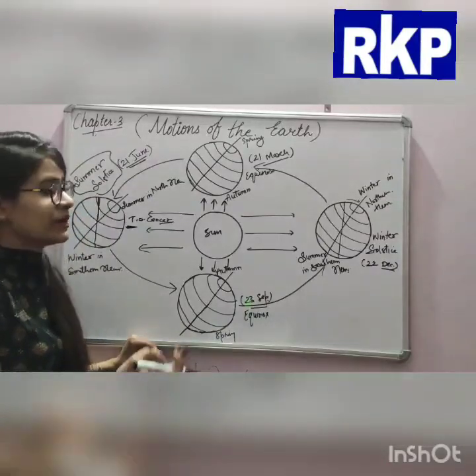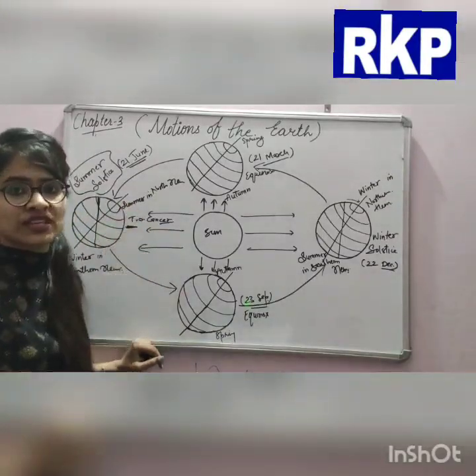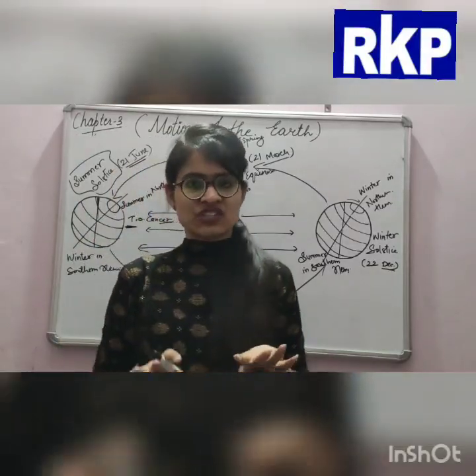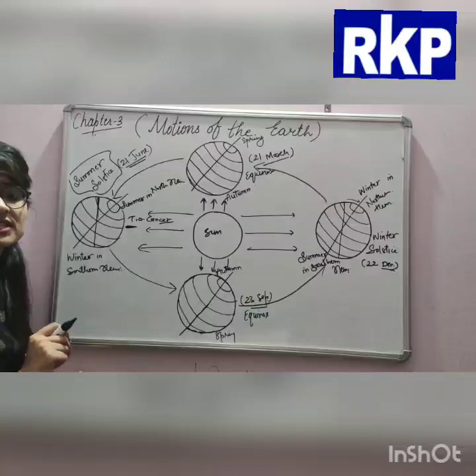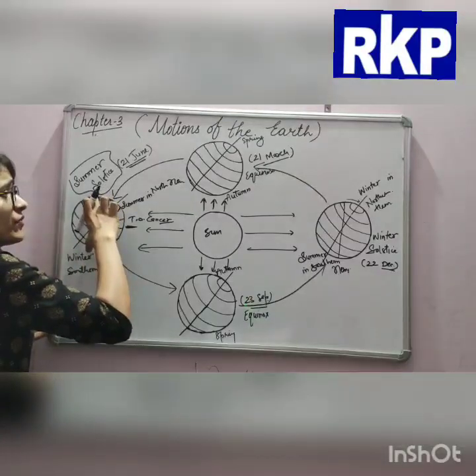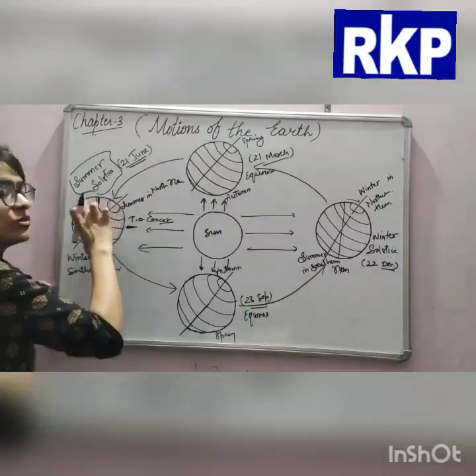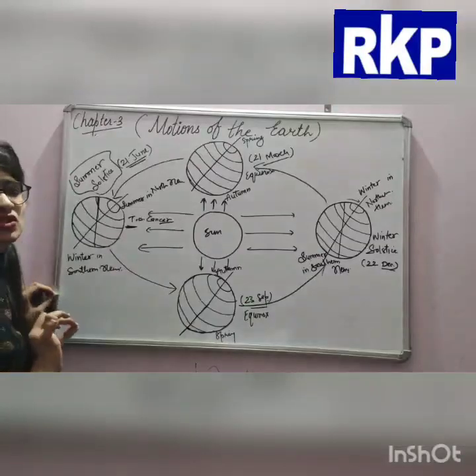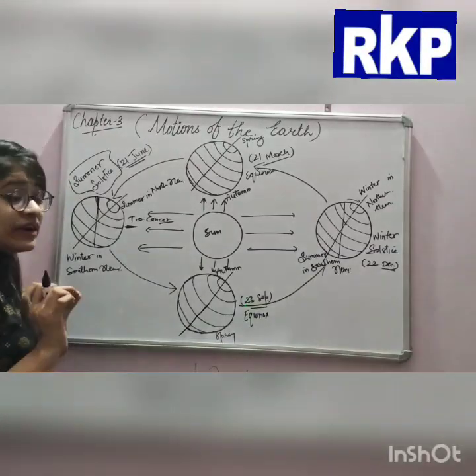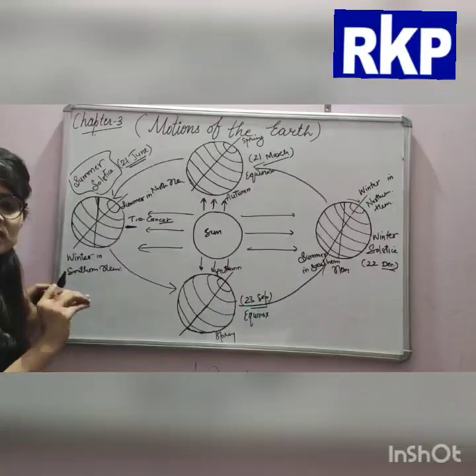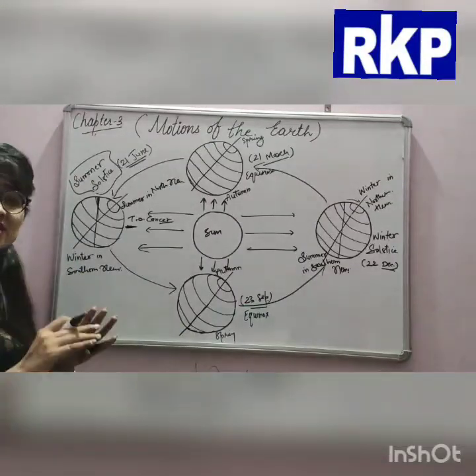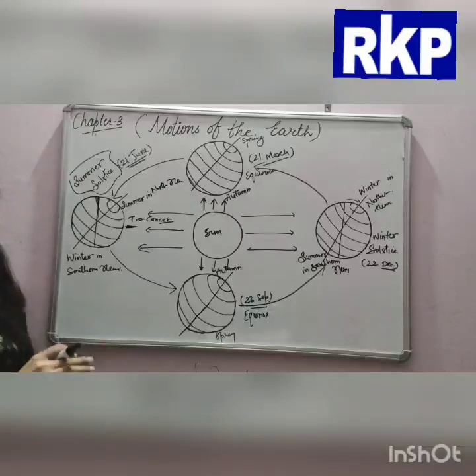At this time, these poles receive 6 months of day and 6 months of night. Why? Because they don't receive heat, or sometimes receive only less heat from the most slanting rays.